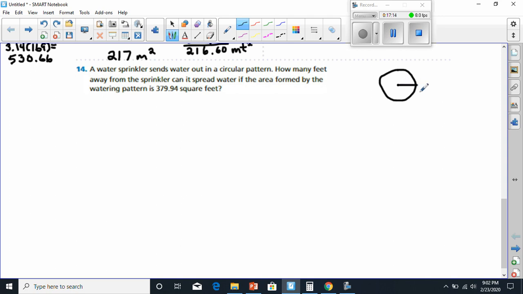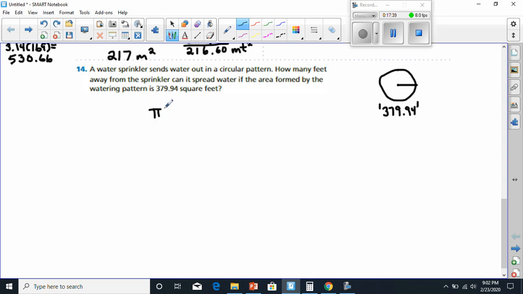So they're looking how far away it will be if the area, oh, I see. So they're giving us the area of the circle this time. And they're saying that's 379.94. And they're looking to find out what the radius is. Well, we're just going to take our formula and work it in reverse.